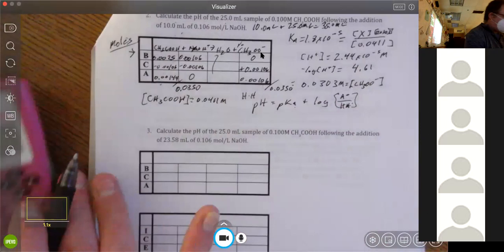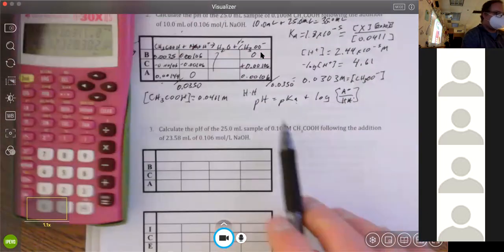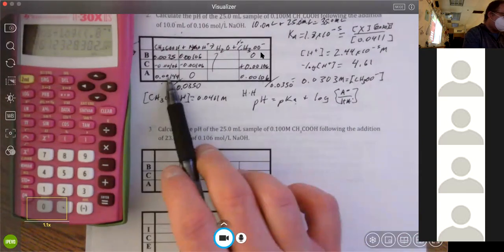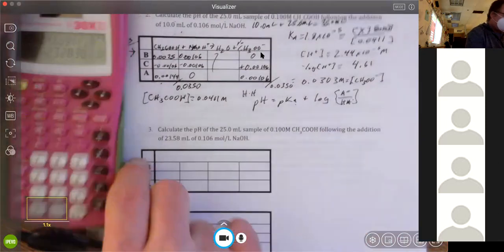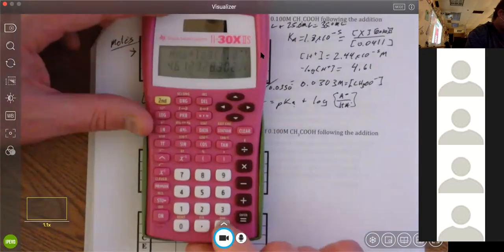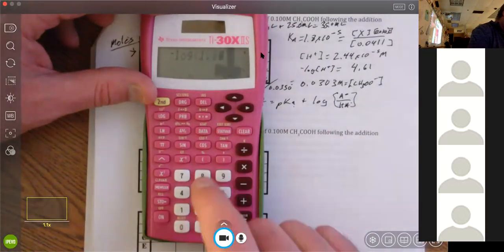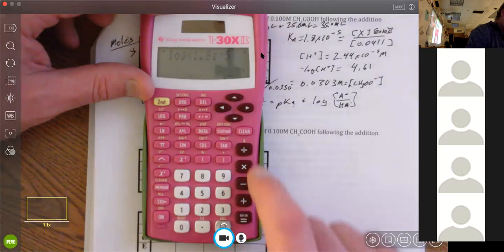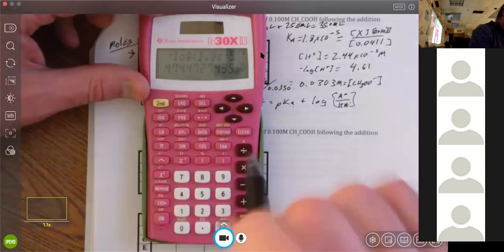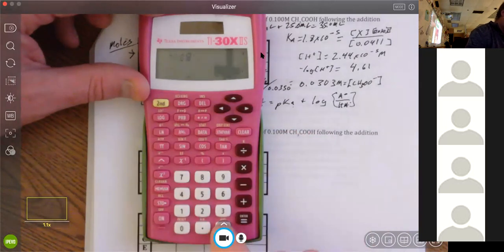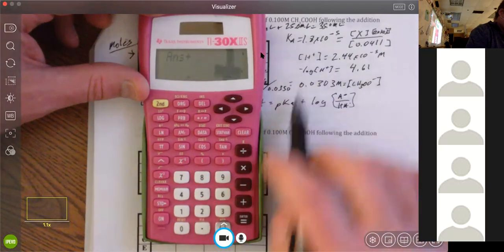Now, just to make sure we are clear, that is by using the concentrations. This is the cool thing about the Henderson-Hasselbalch: if you got to here and here, you can actually use this ratio of moles as well. So let's go ahead and try that. We have the negative log of 1.8 times 10 to the negative fifth, and hit enter. Then we're going to take that answer, the 4.7. Remember, that gets us the pKa.